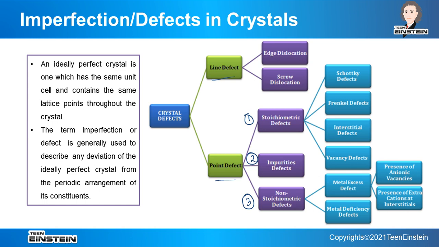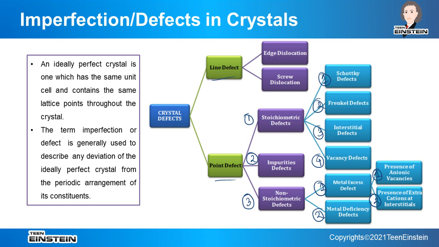Under stoichiometric defect we have 4 types: Schottky, Frenkel, interstitial, vacancy. Under non-stoichiometric defect there are 2 types: metal excess and metal deficiency. Again, under metal excess defect there are 2 types: presence of anionic vacancies and presence of extra cations at interstitial sites. Fine. And for impurity defects, there are no further categories.